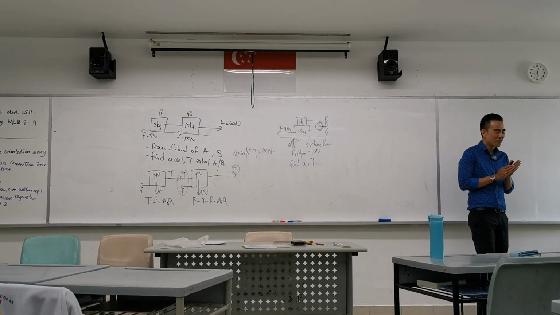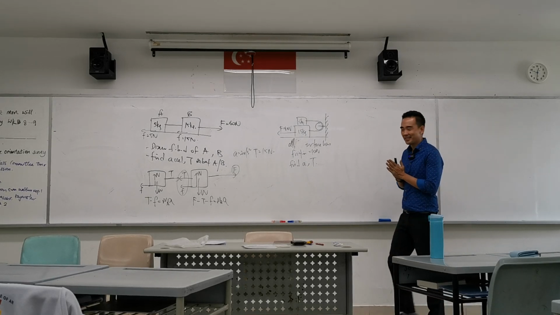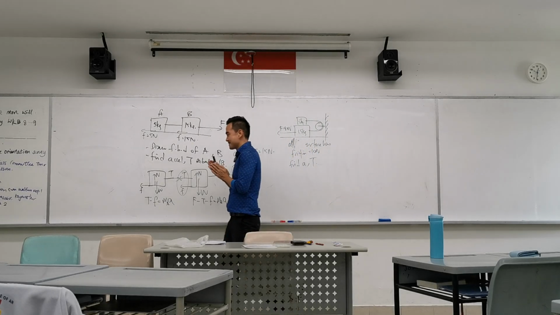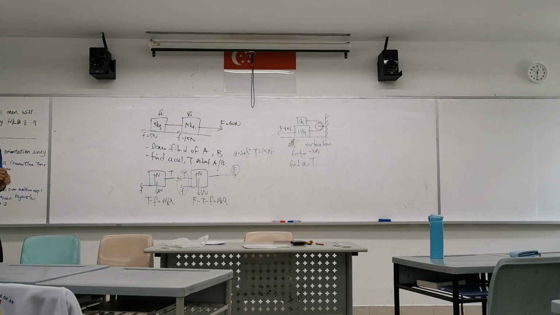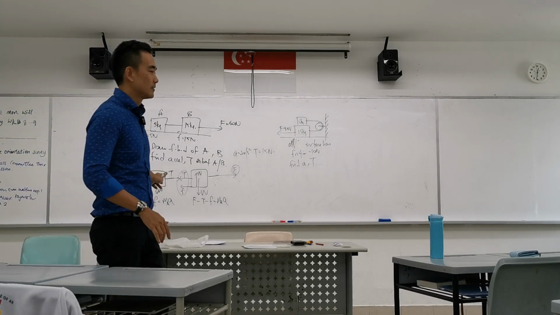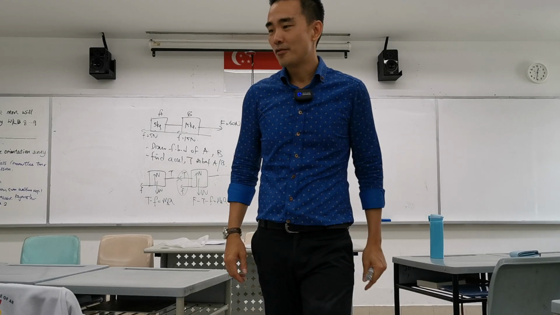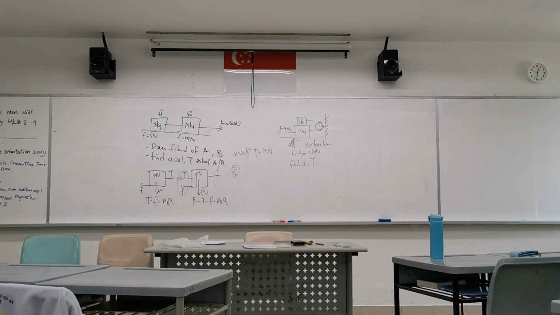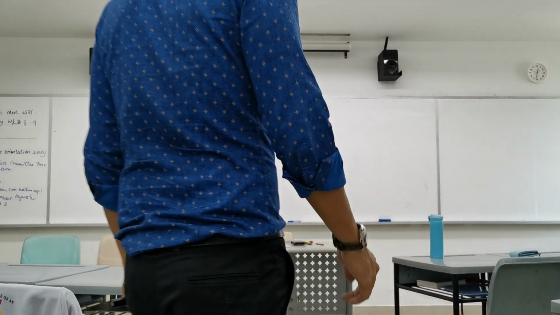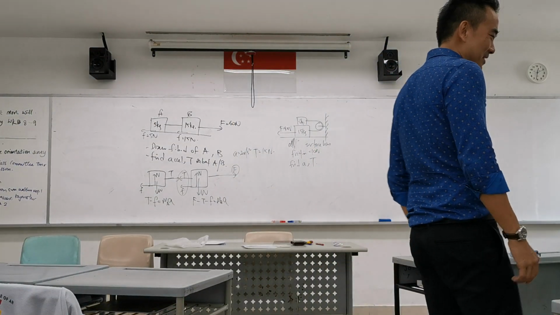How does it rub? Anyone has issues with the one on the left? I'll just walk around and see whether you're okay, whether you're able to overcome that friction. Only one person got it.